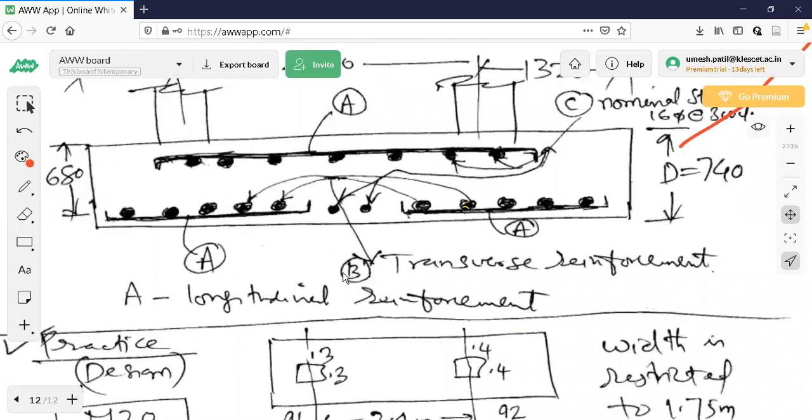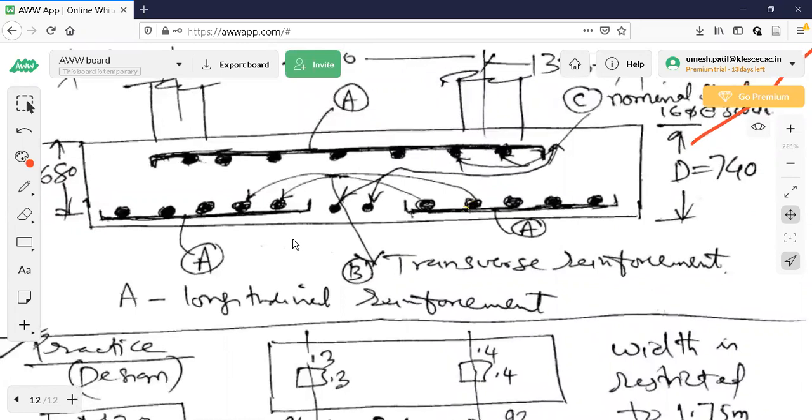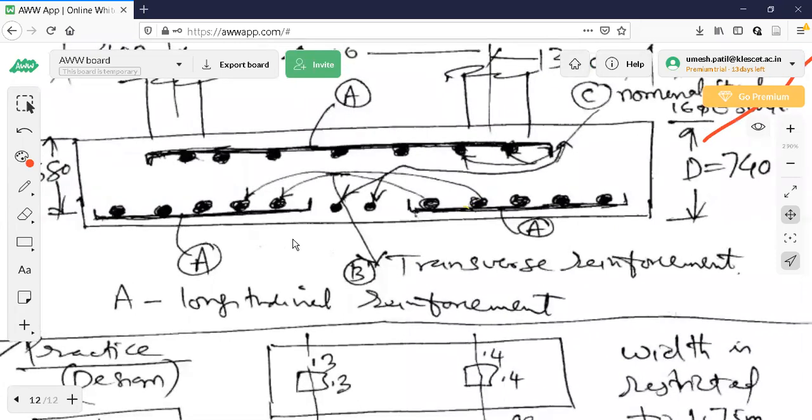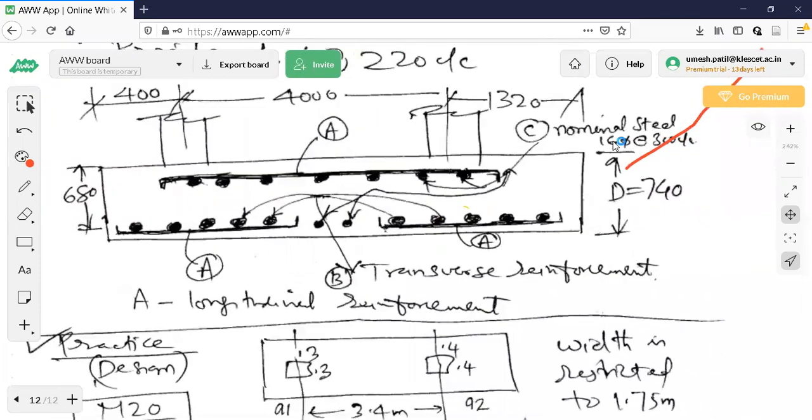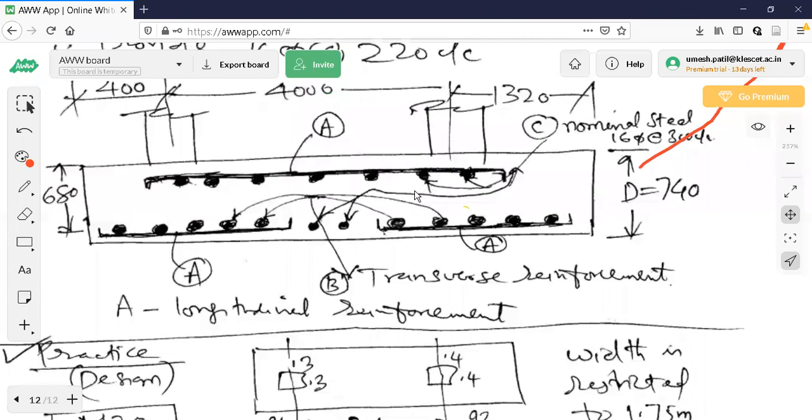Now clearly observe here: A is longitudinal reinforcement. B, wherever B is written, that is transverse reinforcement. C is nominal steel. So whatever these top dot circles are, they are running parallel to the width. They are not designed. They are just nominal steel of 16 mm at 300.